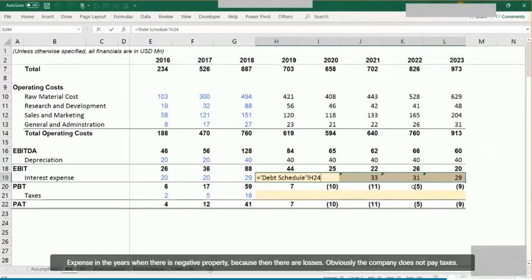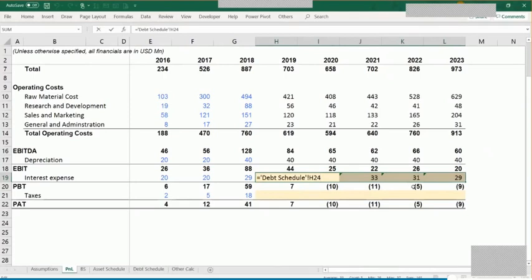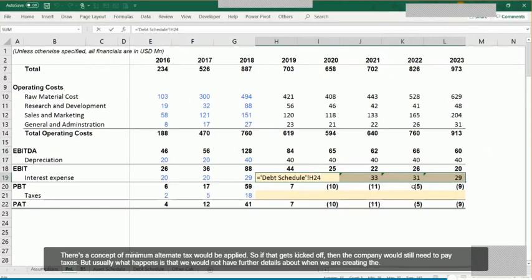Because when there are losses, obviously the company does not pay tax usually, unless there are some other provisions of the income tax which are applicable for this company, which requires it to pay a tax even in case of losses. Because sometimes there is a concept of minimum alternate tax which could be applied. So if that gets kicked off, then the company would still need to pay taxes.